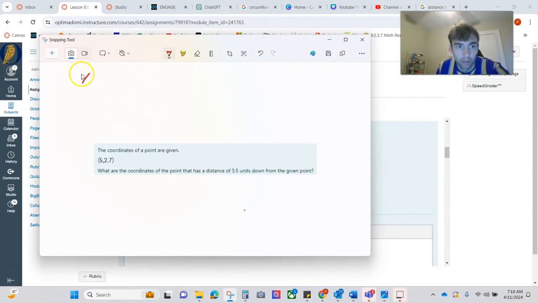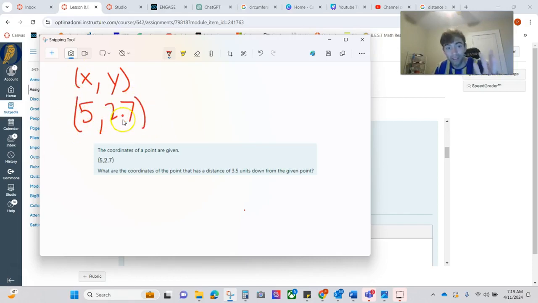So, let's break down this ordered pair. The first number tells us how far to the left or right we go. The second number tells us how far up or down we go. So if we're starting here at (5, 2.7), which is about here-ish, right?